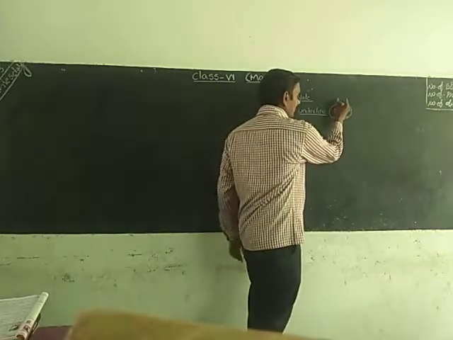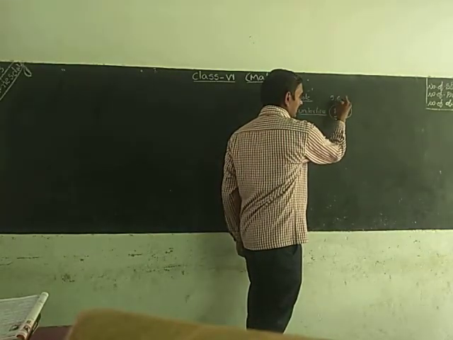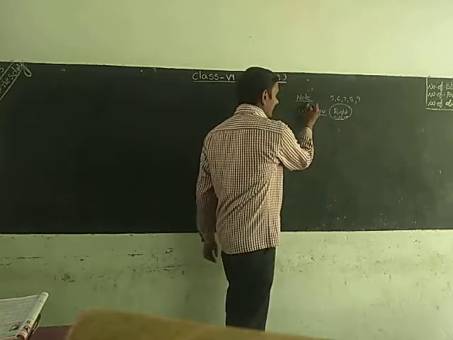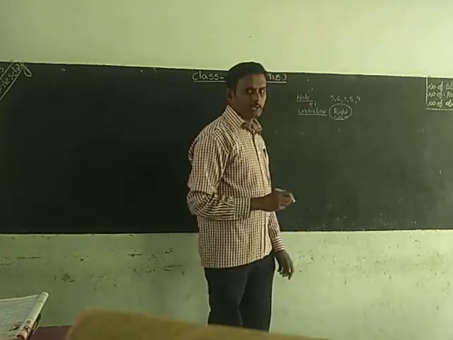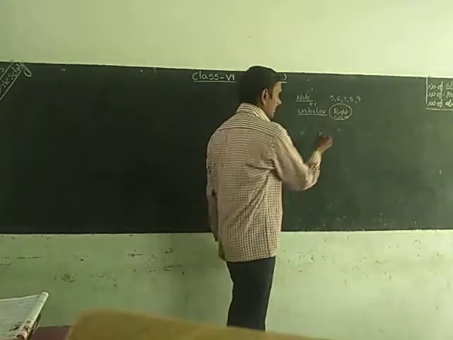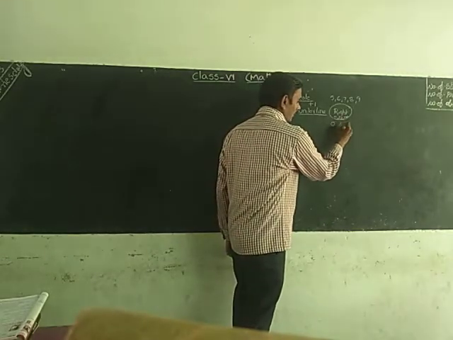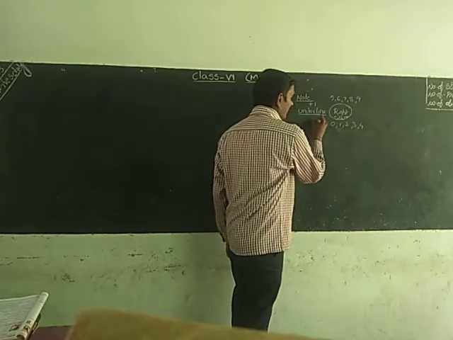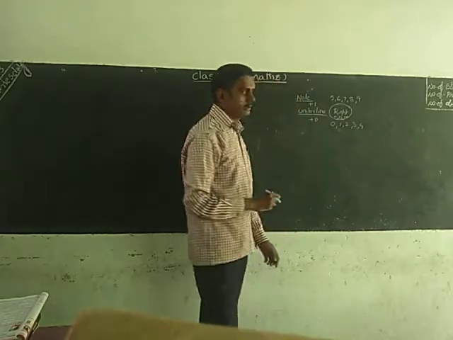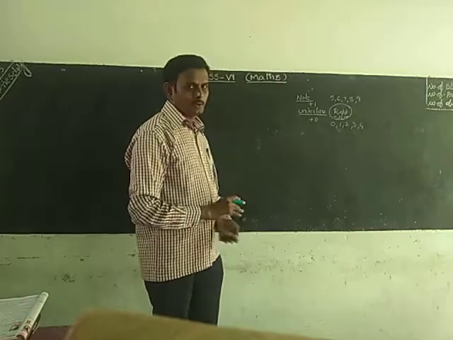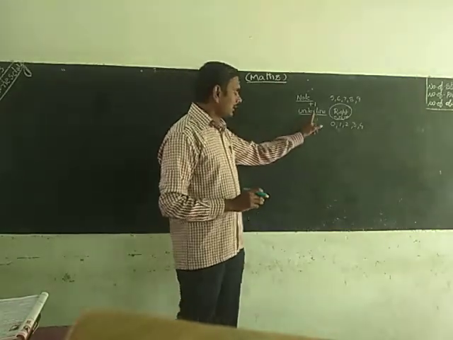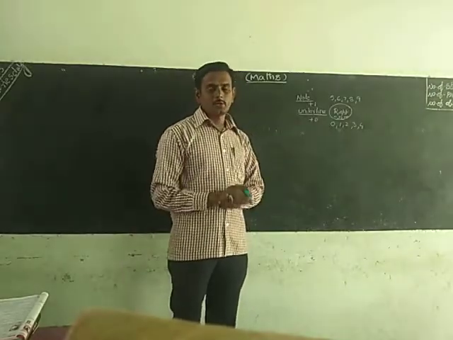If the circled number is 5, 6, 7, 8, 9, then add 1 to the underlined number. If it is 0, 1, 2, 3, 4, add 0 to the underlined number. This is very, very important for rounding off numbers. The underlined number is the place we have to round off.